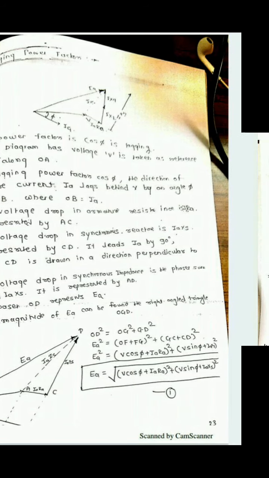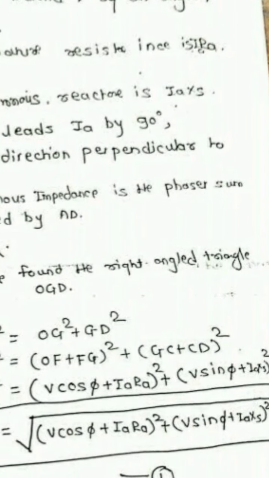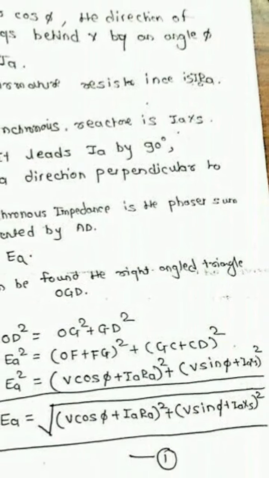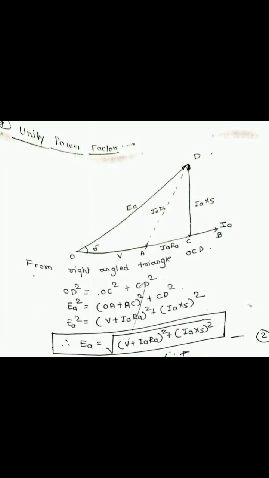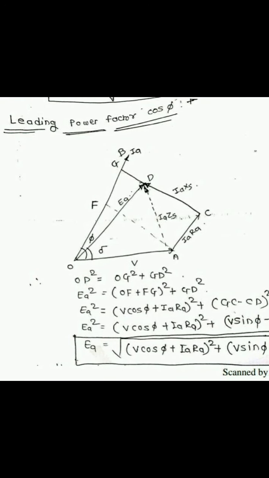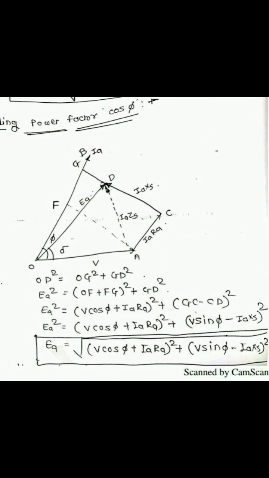So for lagging there is a sign change, that is plus IaXs, but in concern with leading power factor, the sign is V sin phi minus IaXs square. So this is a very important thing in concern with the vector diagram of an alternator.